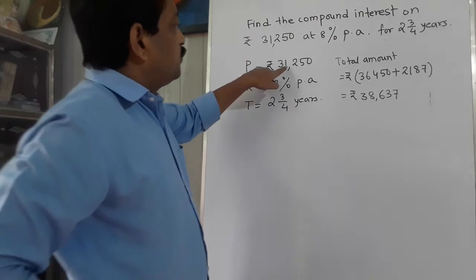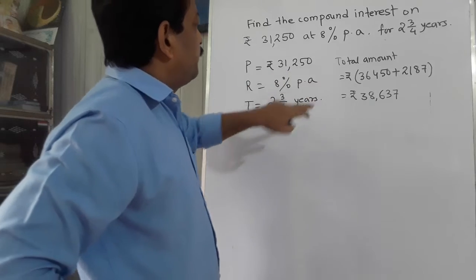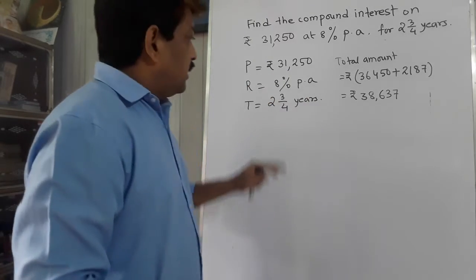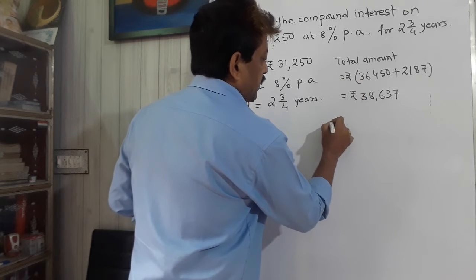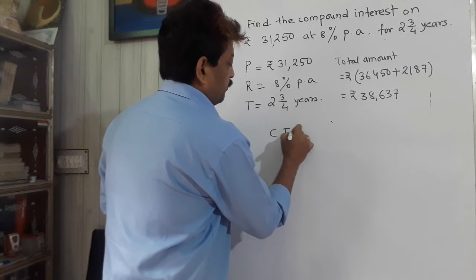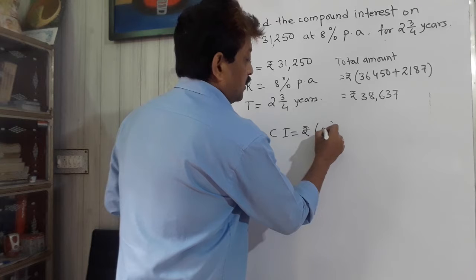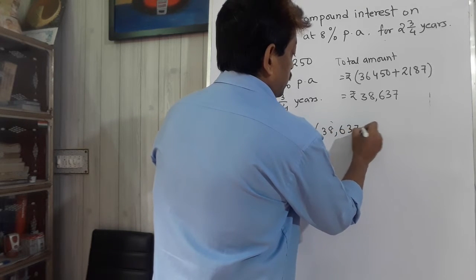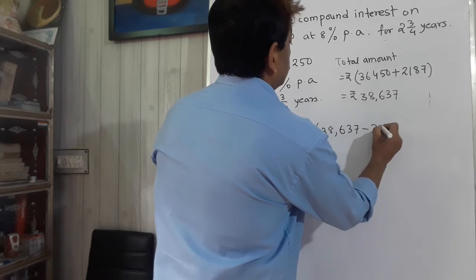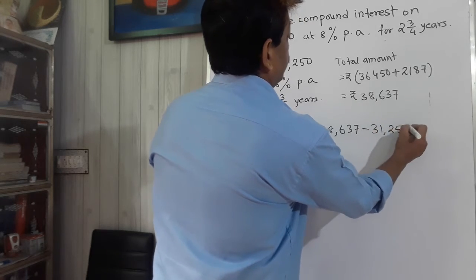when the principal is rupees 31,250 and rate of interest is 8% per annum. So this is the amount, and compound interest equals rupees 38,637 minus 31,250.